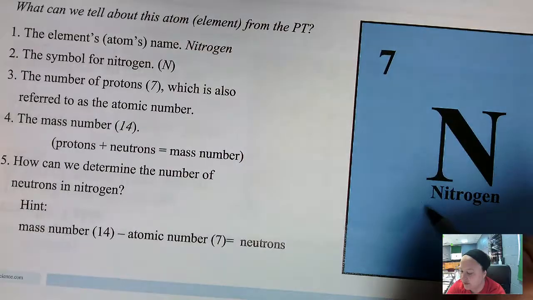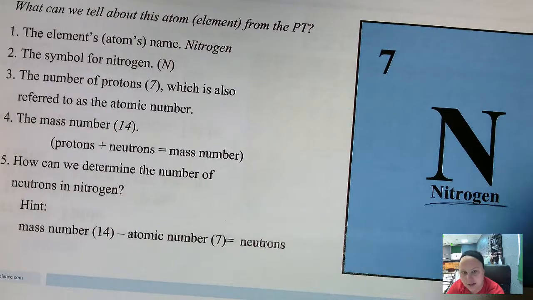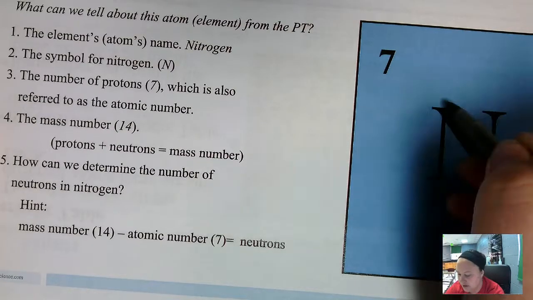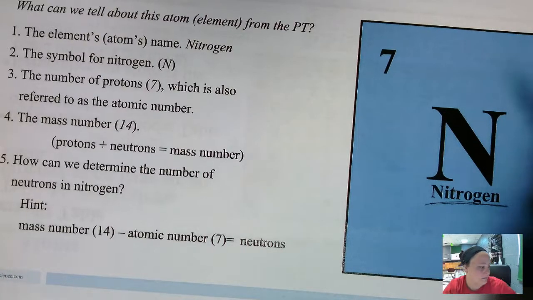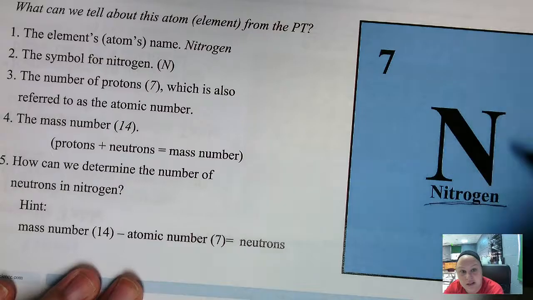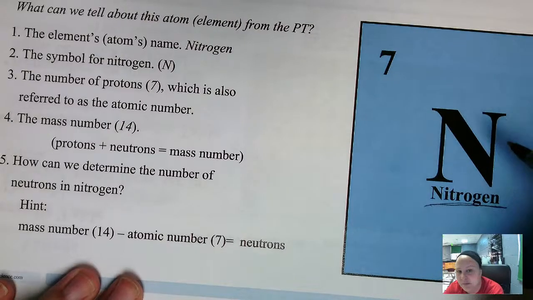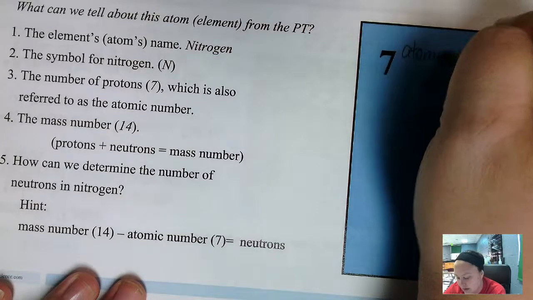The element's name is nitrogen. It's usually found under the symbol. The symbol is usually the big letter you see, or maybe two letters. The number of protons is also referred to as the atomic number.